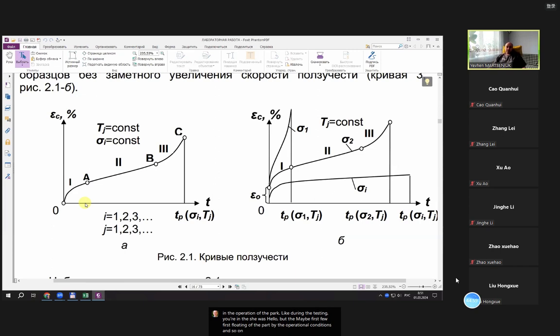And then we have stage number two. Stage number two is normal operation. The material operates as usual, nothing happens with it on micro level.